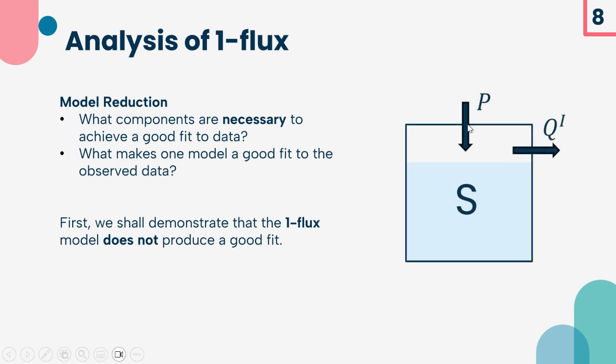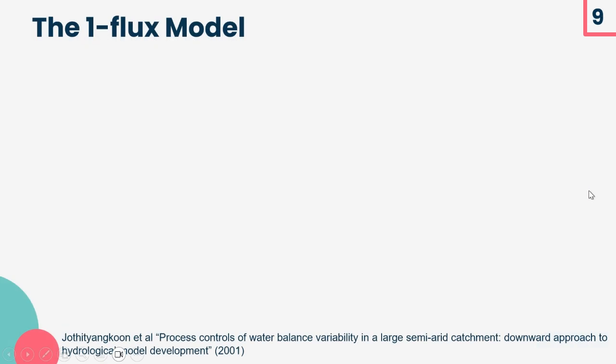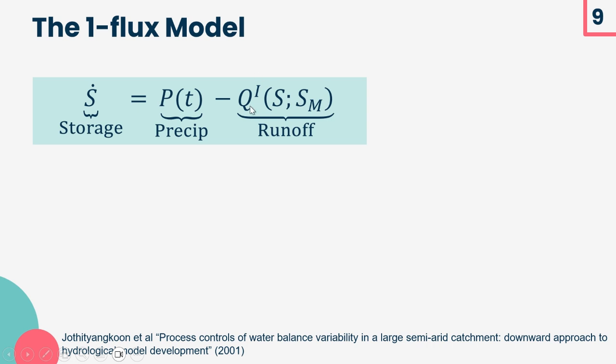So we have a precipitation going in, and our Q1 is our only runoff term. It is formulated as follows. We have your change in storage equal to your input of water, which is your precipitation, minus the runoff.